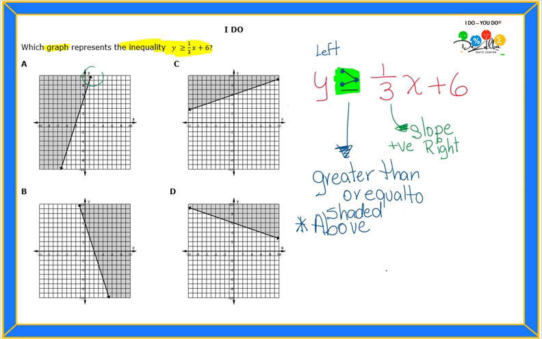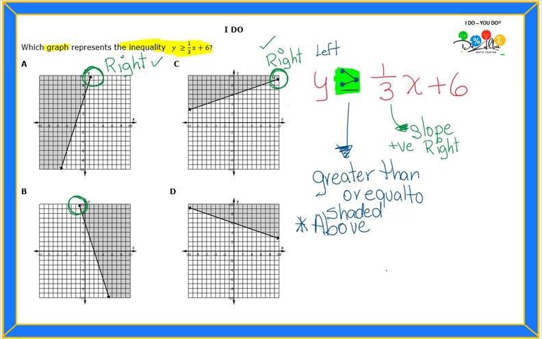I'm going to circle the highest point of my line, and that one is pointing to the right. So check on that. This one, I'm going to circle the highest point, and it's also going to the right. So those two are okay. But then I come back to B. I'm going to circle this. That's the highest point of my line.